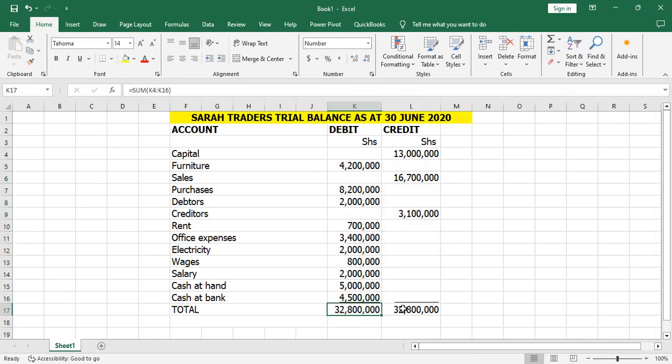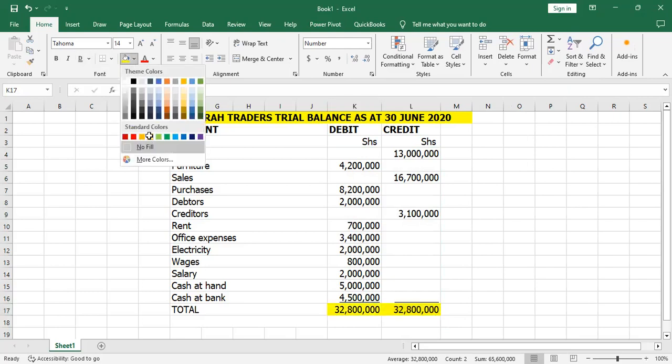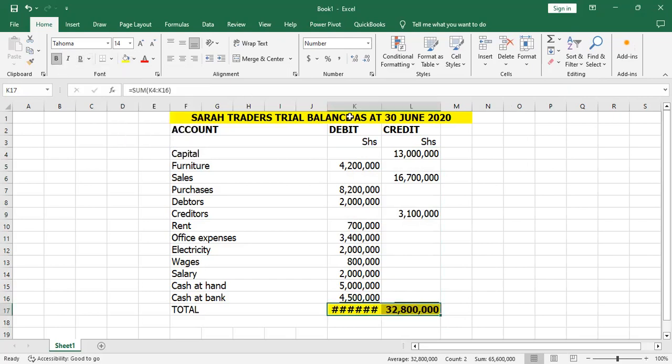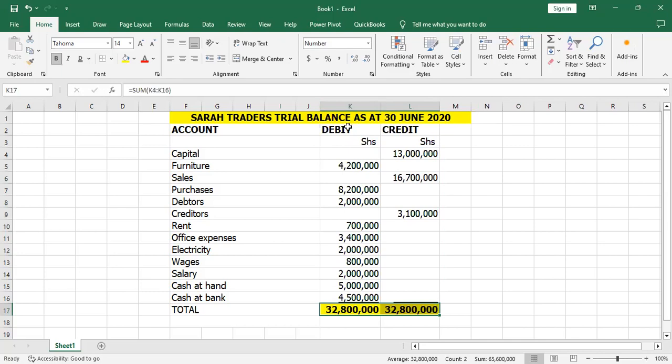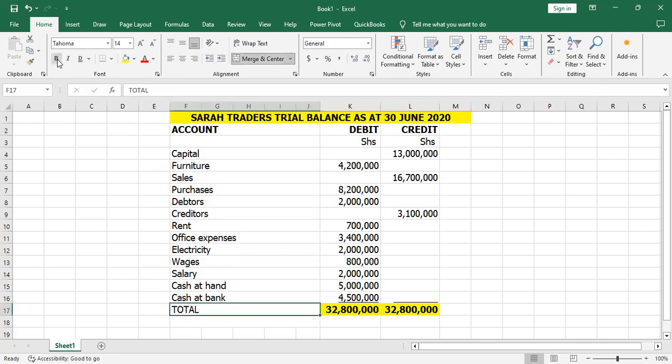These are our balances, as you can see, 32,800,000. So our trial balance totals are in agreement.